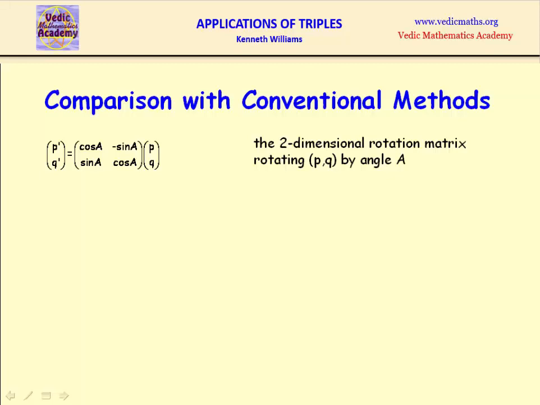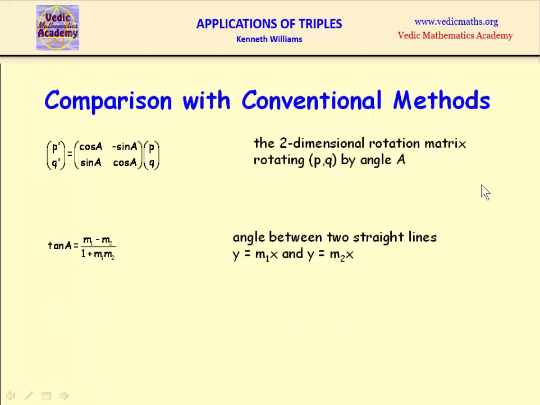And this is the conventional formula for rotating through an angle A. You're given your point PQ, you multiply it by this matrix, by the angle A, you have to work out the cosine of A, the sine of A, and so on, and then you have to multiply out and you get P dashed and Q dashed. Now you remember how easy it was to do the rotations using the Vedic method and vertically and crosswise.